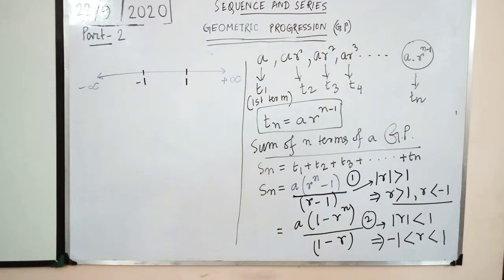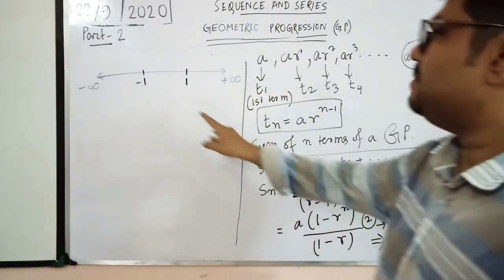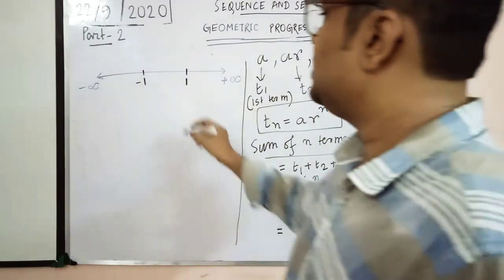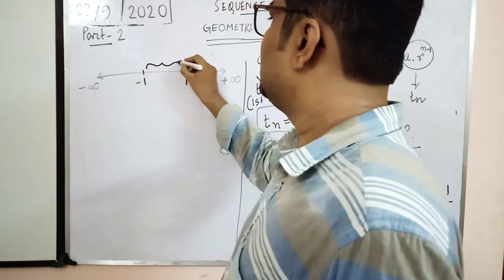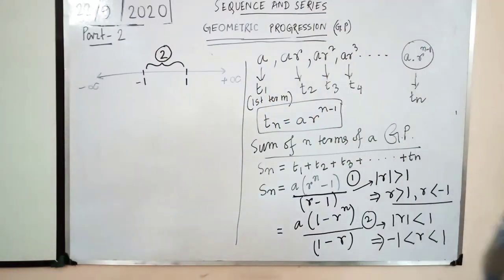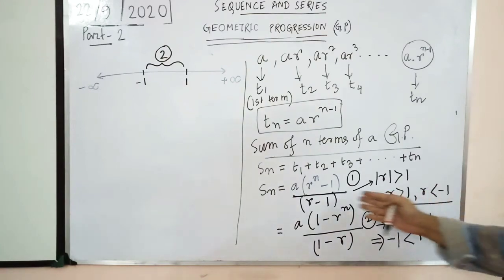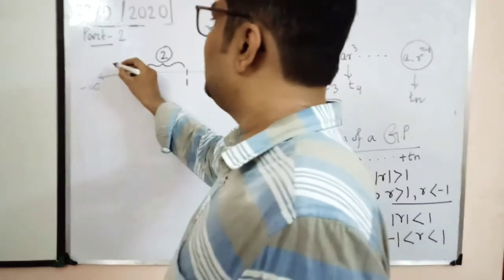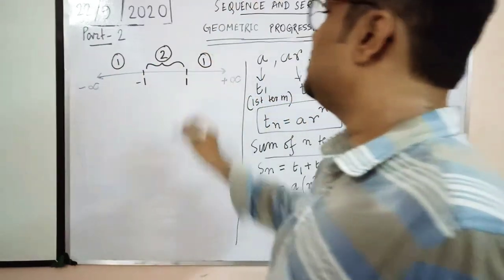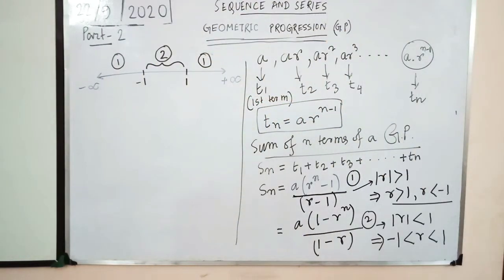If r is between this region, minus 1 to 1, we use the second formula. For this part we use formula number 2, and when r is bigger than 1 or lesser than minus 1, for this part we use formula number 1.